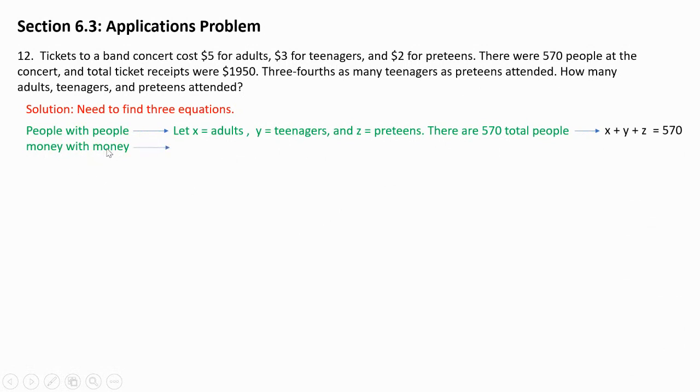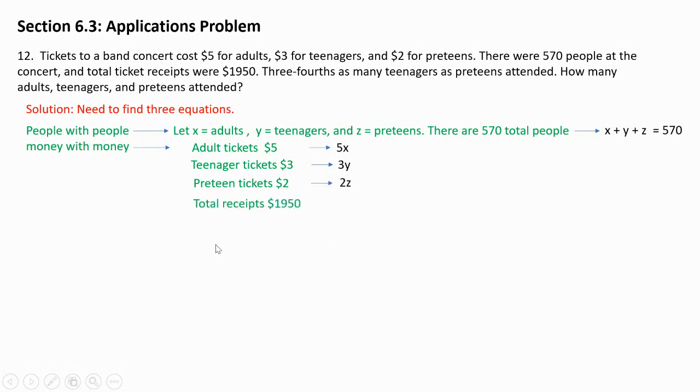Now comes the money with money, right? If the adult tickets were $5 and adults are x, this will be 5x. If the teenager tickets were $3 and teenagers are represented by y, that's going to be 3y. In the same fashion, preteens were $2, and preteens are represented by z, so that's 2z.